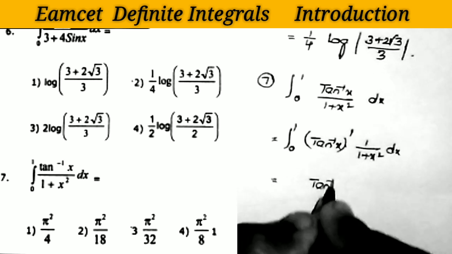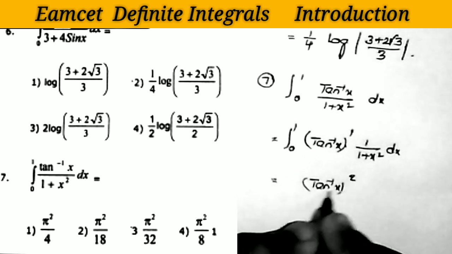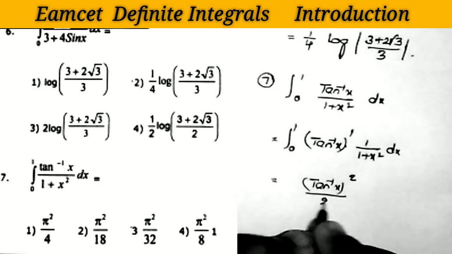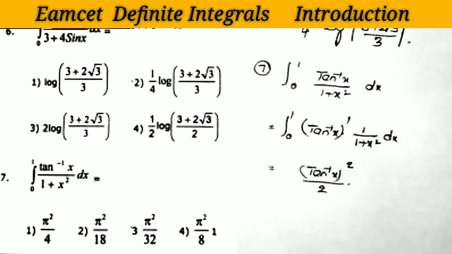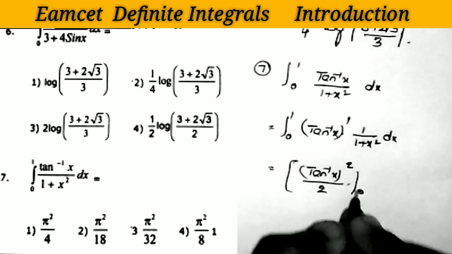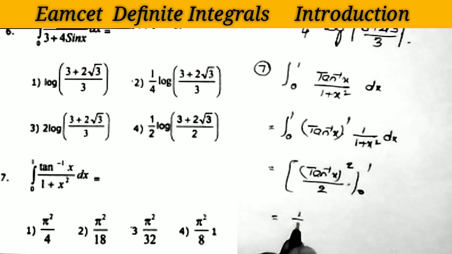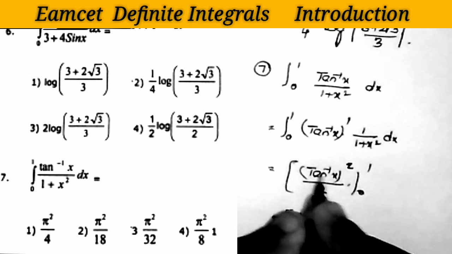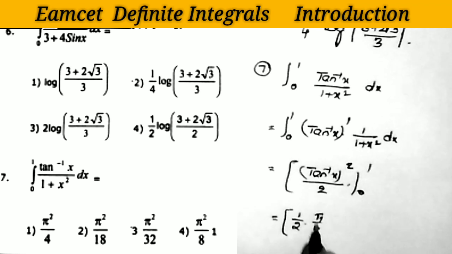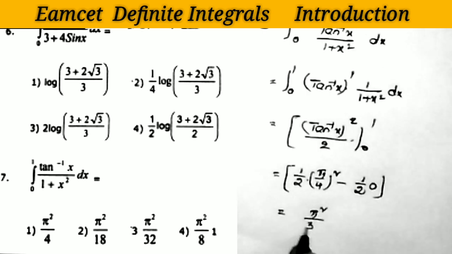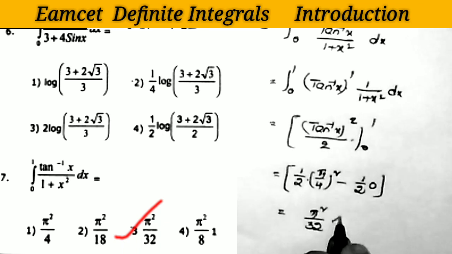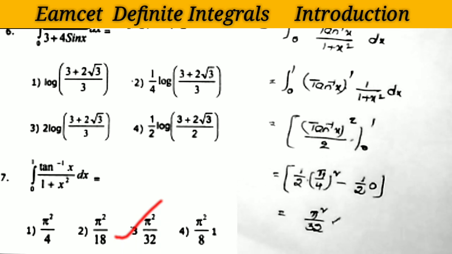So the integration is f of x whole power (n plus 1) by (n plus 1), that is, power 1 plus 1 by 1 plus 1, that is power 2 by 2, where the limits are 0 to 1. Now replacing the limit values, 1 by 2 into (tan inverse of 1, which is pi by 4) whole square, minus 1 by 2 into (tan inverse of 0, which is 0). Therefore, the answer is pi square by 16 into 1 by 2, that is pi square by 32, and that is the third option.